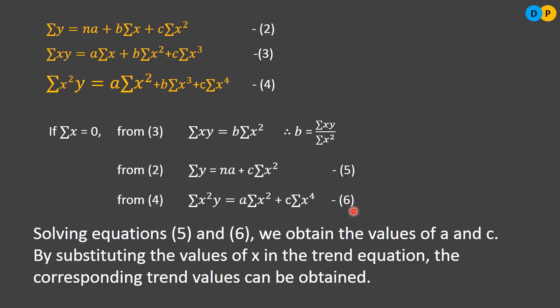For that equation, by substituting the values of time points, that is x values, you will get a trend equation. Afterwards, substituting the x values, we will also get the corresponding trend values. So this is how you are going to work with the quadratic equation to measure secular trend.